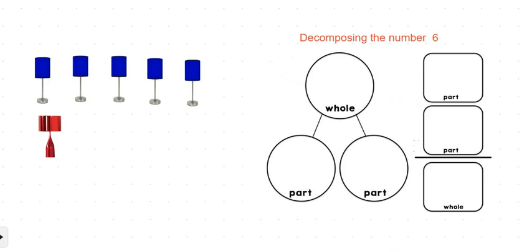Next, look at this one. And I gave you guys some really obvious clues to put them together. Another way that we can decompose would be looking at this one. So we're decomposing 6. When you decompose, you're taking it apart. You're seeing how many different ways you can make a number out of a particular number. And in this case, we're seeing how many different ways we can make 6.